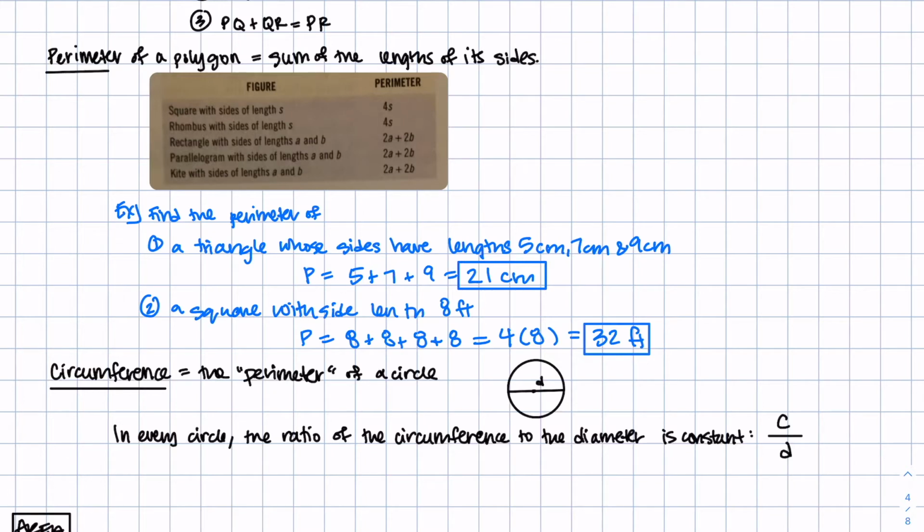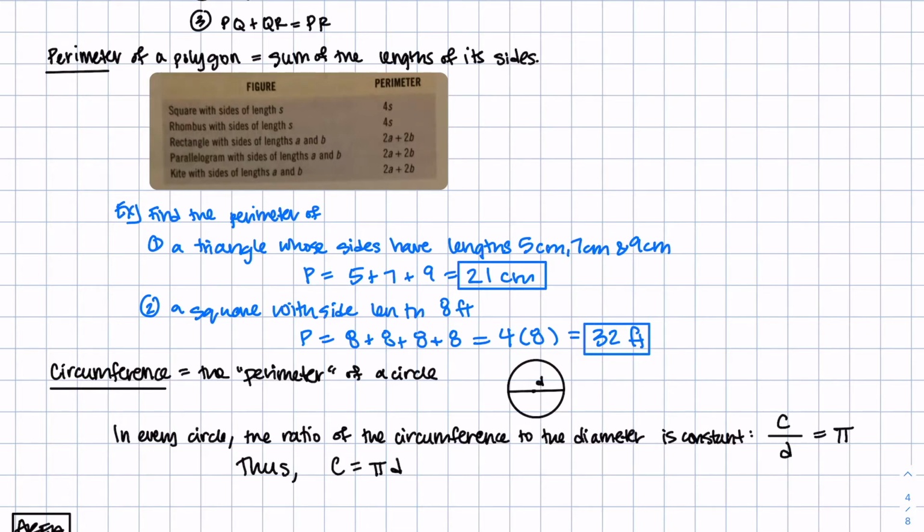The ratio of the whole circumference to the diameter is always constant, and that constant is pi. So that's actually where the number pi comes from. That's an irrational number.